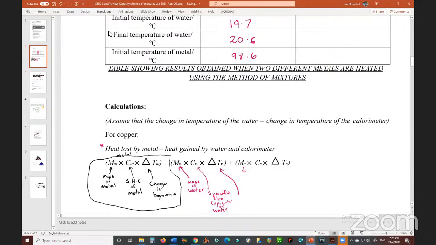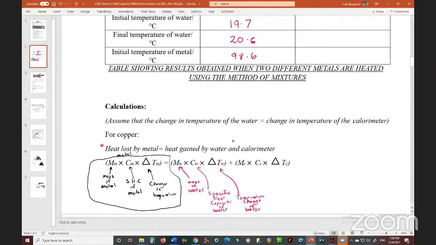And of course, the delta T there is the temperature change of water. Hope everybody is seeing what's happening here. We are using the formula three times, because we're using it for three different substances that were heated.